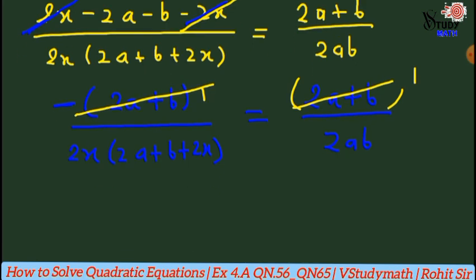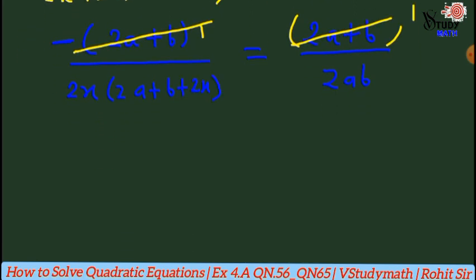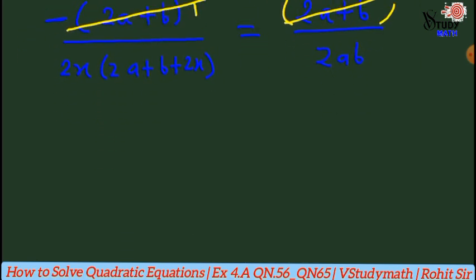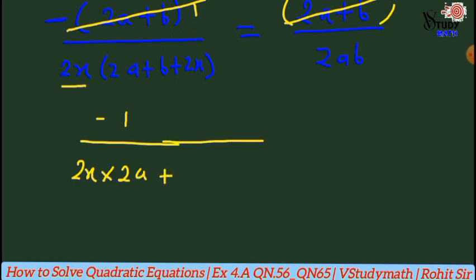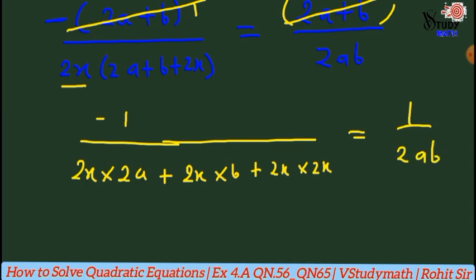Now we have negative 1 upon 2x into... Now multiply this 2x in this bracket: 2x multiply 2a plus 2x multiply b plus 2x multiply 2x is equal to 1 upon 2ab.